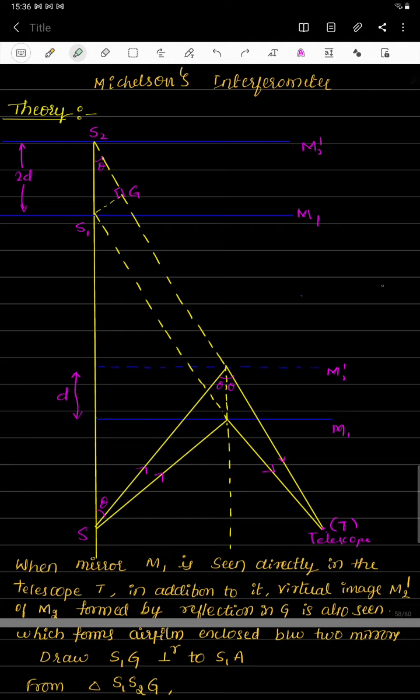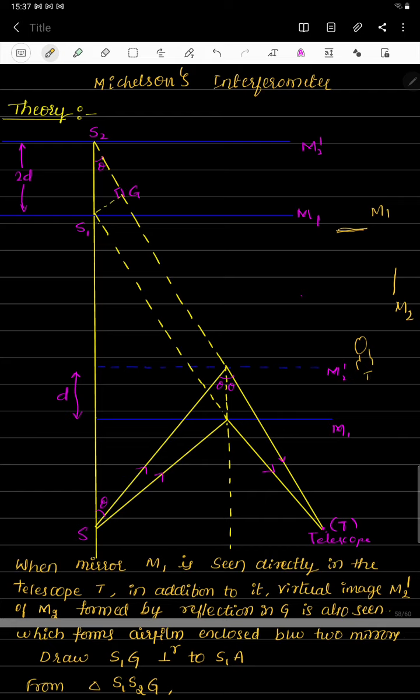In the construction we know that here there was the mirror M2, in this direction there was M1, and here there was the position of the telescope.